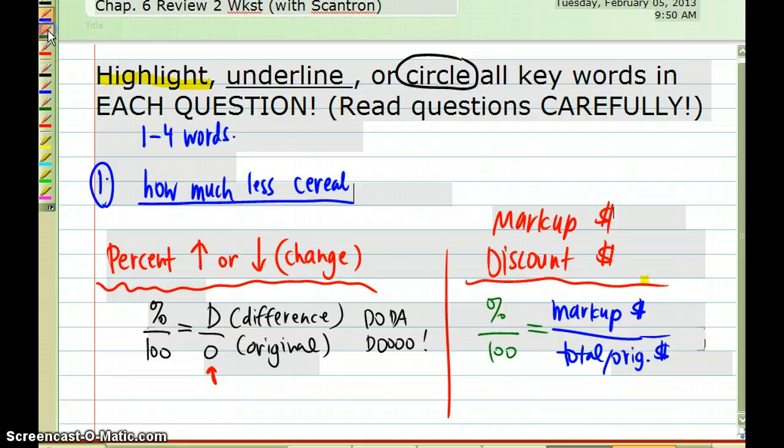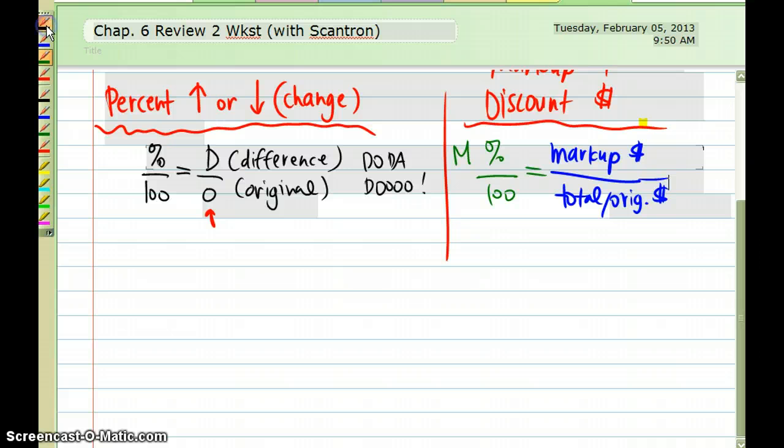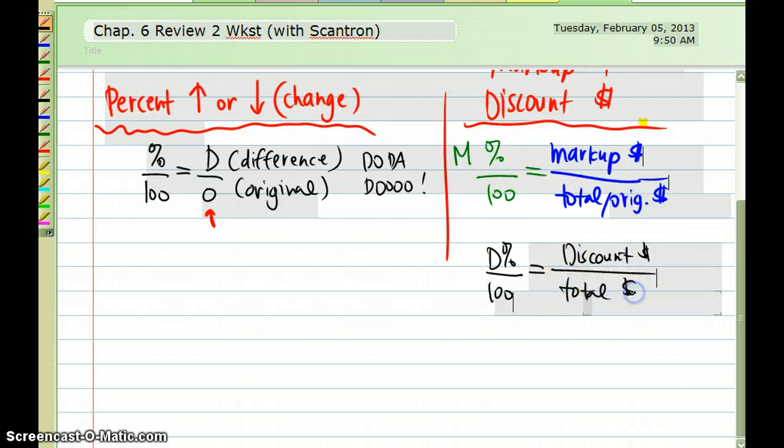Remember that the percent will always stand for either the markup percent or the discount percent out of 100, equaling your discount price over your total price. That would be the setup there. Once you find the markup and the discount, if the question is asking for that, then that's the answer you're looking for, the markup price or the discount price.